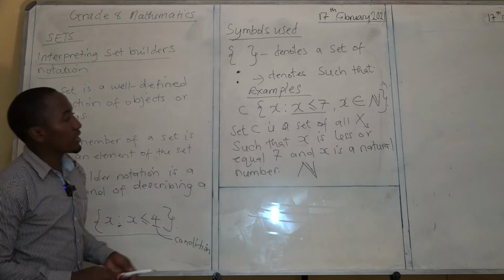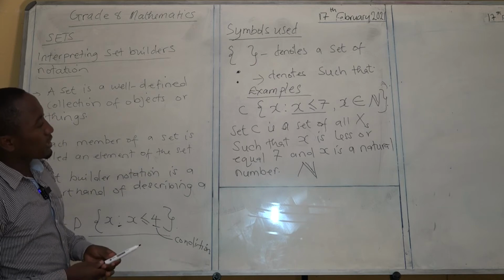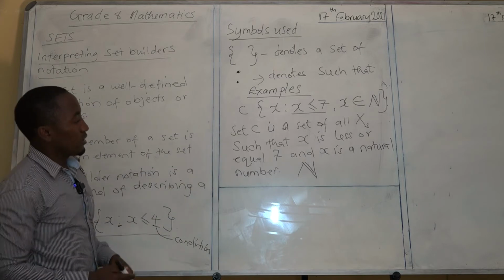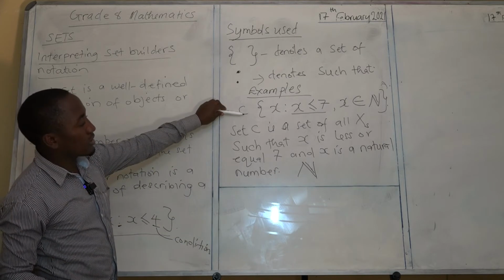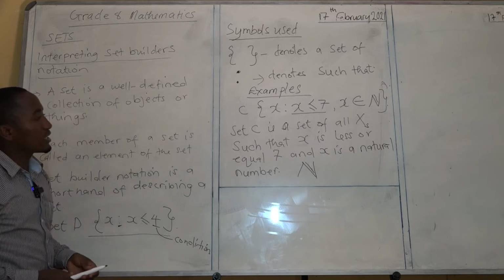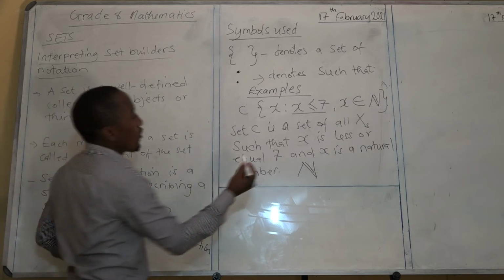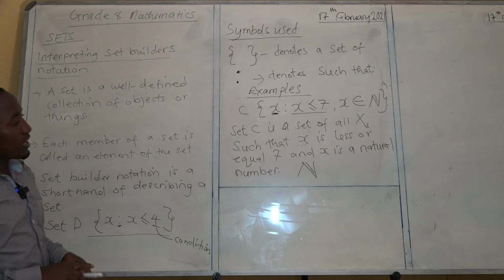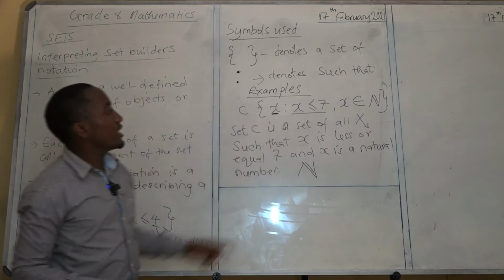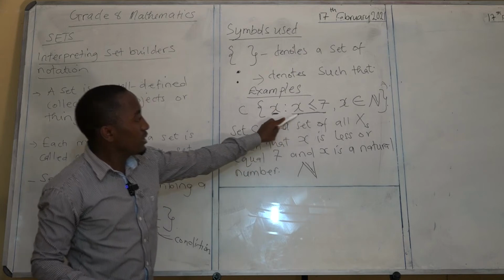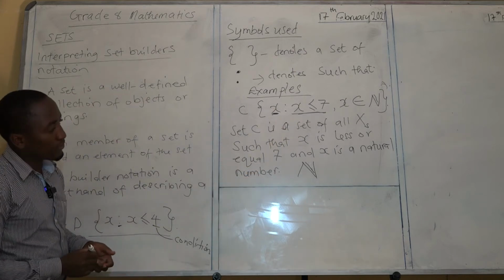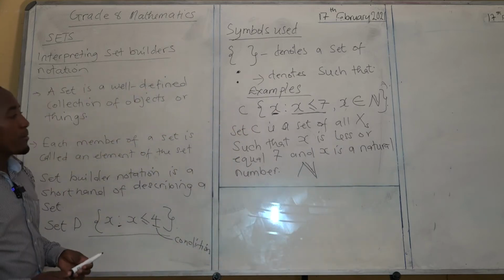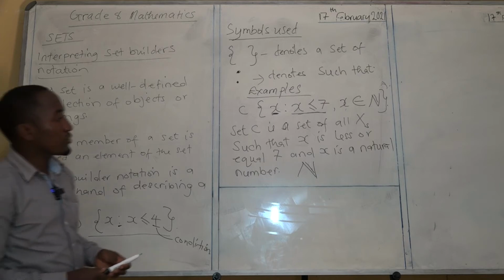Each time I ask you to interpret a set builder notation of this format, you should always say, for example, our set C: set C is a set of all x such that x is less than or equal to 7, and you have been told further that x is a member of the natural numbers.